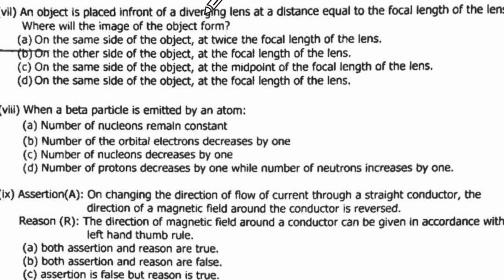An object is placed in front of a diverging lens, meaning concave, at a distance equal to the focal length of the lens. Now remember, you'll have to visualize this. This is the lens, I'll call it L, and this is the focal length. The object is placed at the focal length.